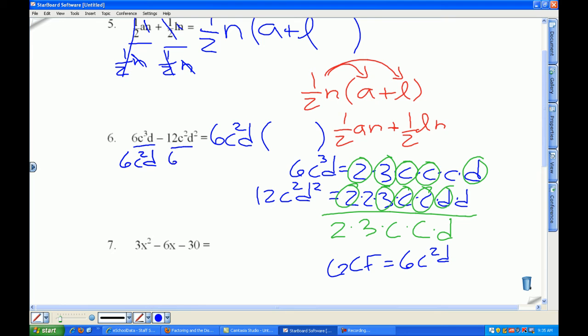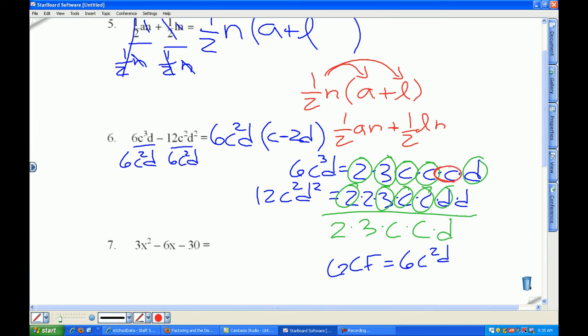And if you look at your GCF calculation over here, you'll kind of get a good idea of what's left over. 6 divided by 6 is 1. C cubed divided by C squared is C. And the D's cancel. In the second expression, we have a negative sign there, so let's not forget that. 6 goes into 12 2 times. C squared divided by C squared is 1. D squared divided by D is D. Now take a look at what we had left over here.